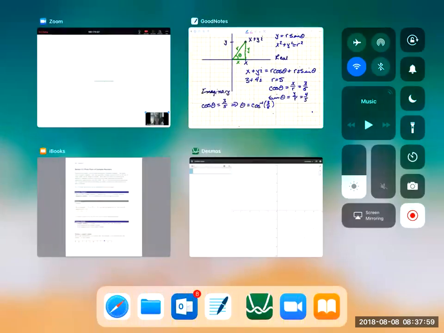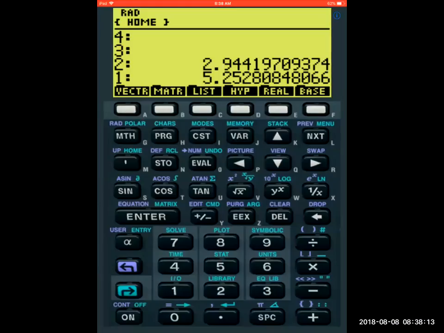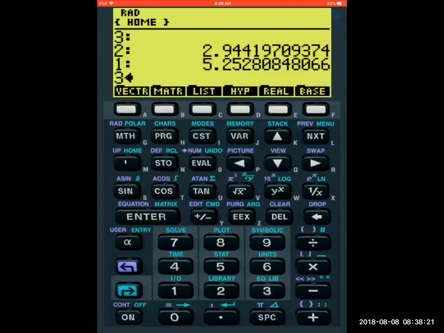All right, we'll use a different calculator. Okay, you're not gonna like this calculator, but it will do the job. So I need the inverse cosine.